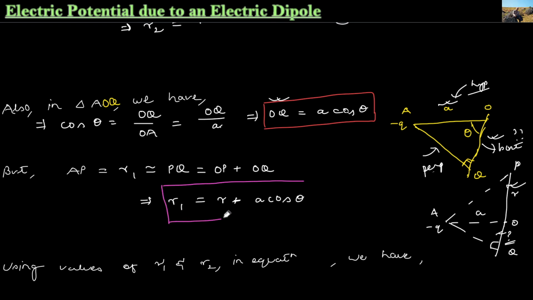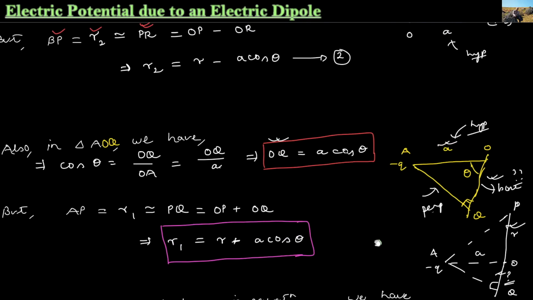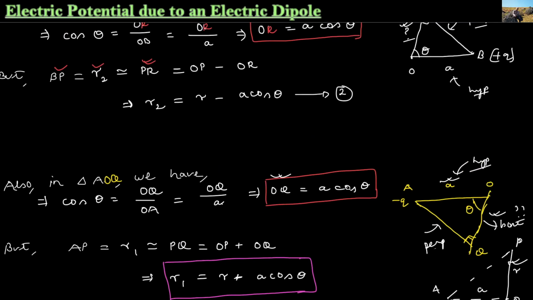So this is the value of R1, and this is the value of R2. I will mark this as equation number 3. So the value of R1 is this, and the value of R2 is this.